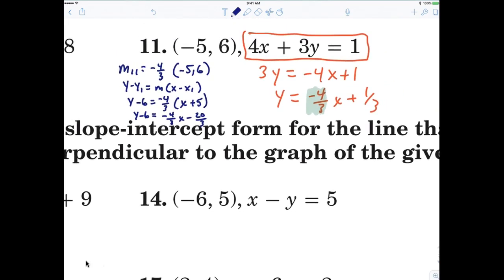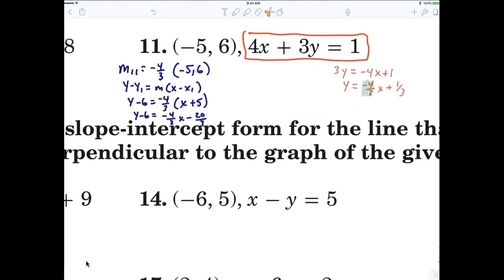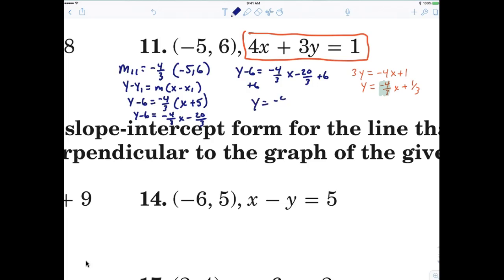Now I'm going to shrink this down over here a little bit, so I can get this out of the way so you can see my work. So I'm going to go back to that step. Y minus 6 equals negative 4/3 x minus 20/3. Now we're going to add 6 to both sides. Now, the key here, when you're adding fractions, is get a common denominator.